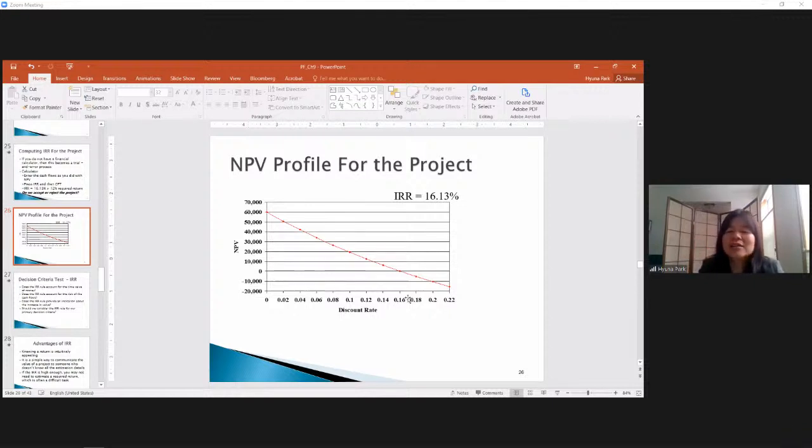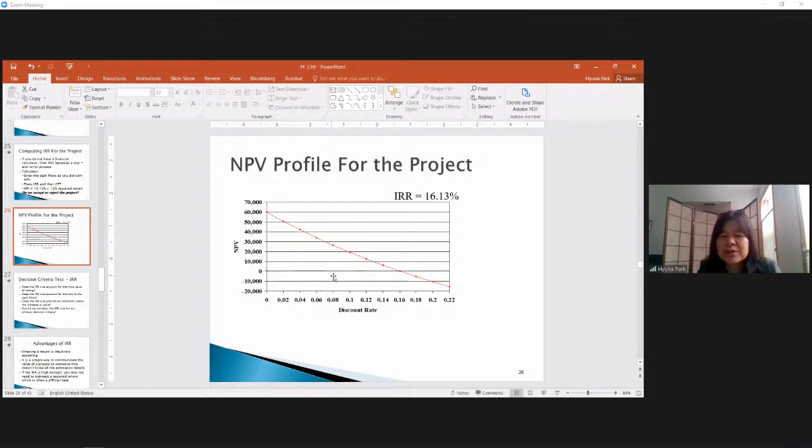The higher the discount rate, the lower the present value, so there is an inverse relationship. This chart shows how high the NPV is when we use different discount rates. When we use 12%, there is a positive NPV.